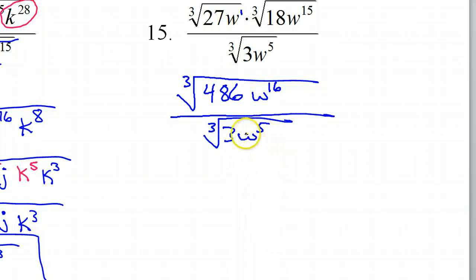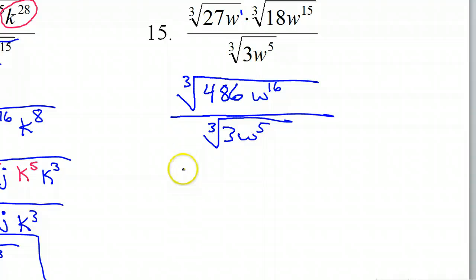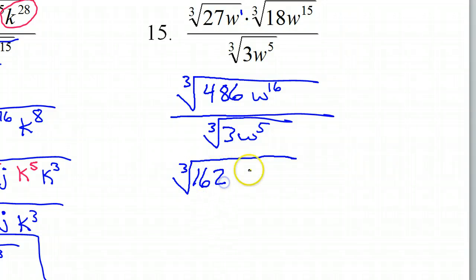Now we divide. They're both the same root, so we can divide. So 486 divided by 3 is 162. So we will have the cube root of 162.